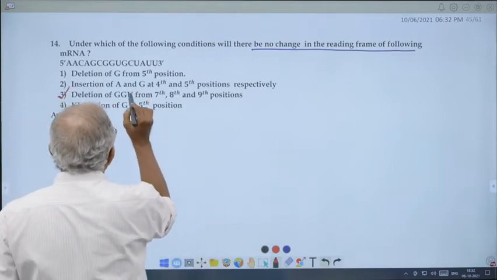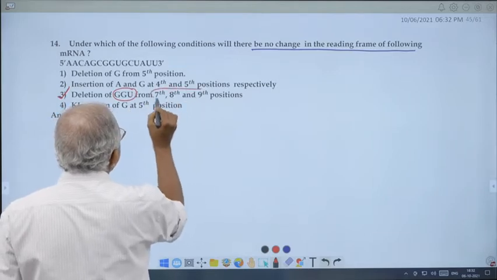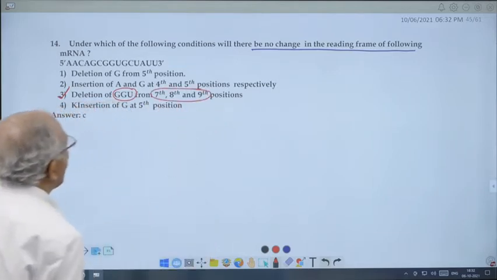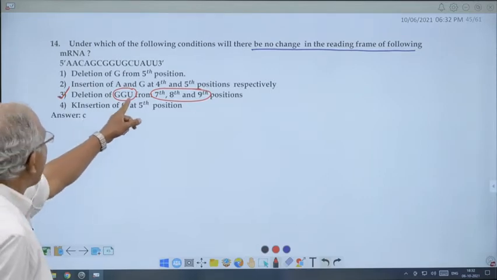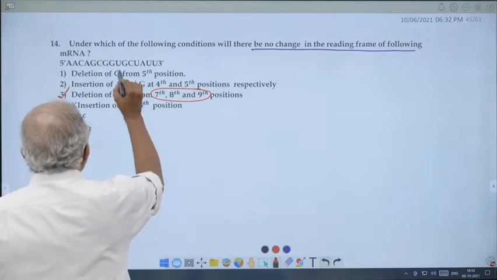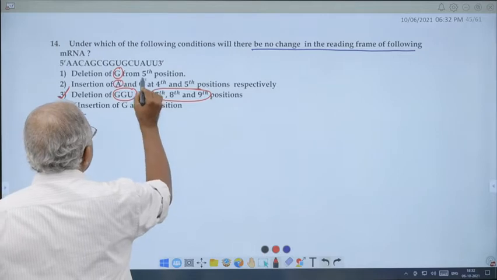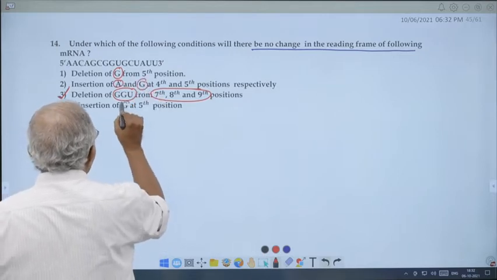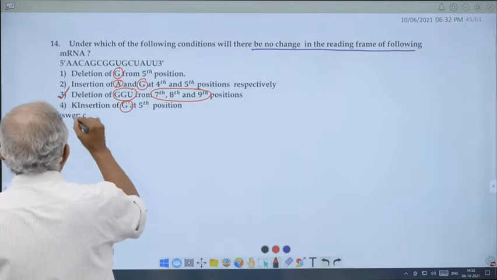In the third one, 3 nitrogen bases, the 7th, 8th, and 9th, are deleted. If 3 bases are deleted, no frame shift mutation. But here only 1 is deleted. Here 2 are deleted. Here 1 is inserted.